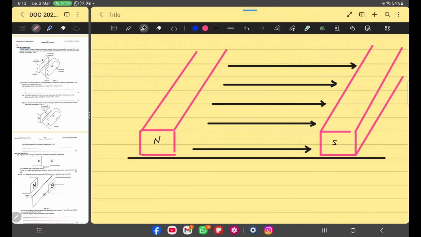And consider this is a rod. This is a green rod, and this green rod is placed on the table.